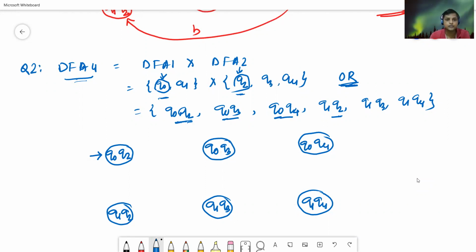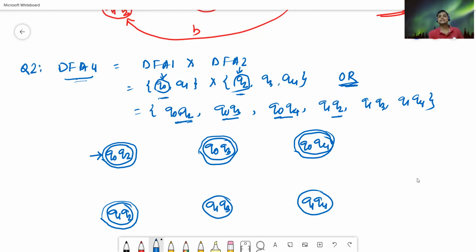Okay. So Q0, Q2 is a final state. Q0, Q3 is a final state. Q0, Q4 is a final state. And Q1, Q2 is also a final state. All transitions are equal, as well as DFA 3. Okay.